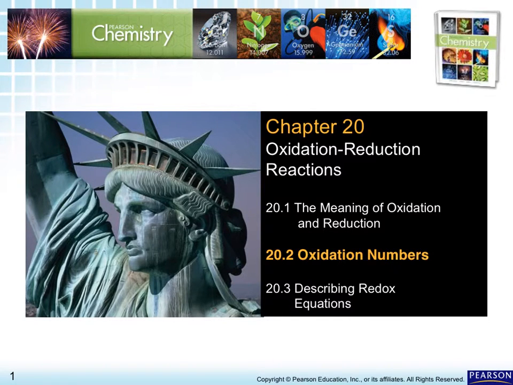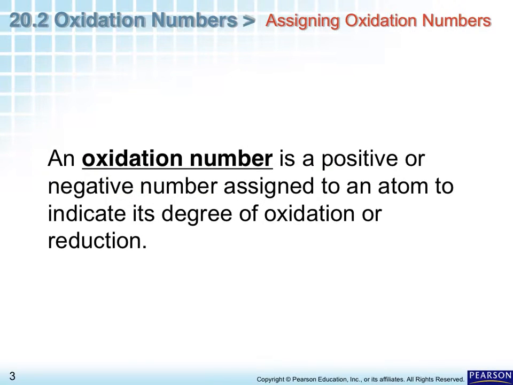So starting off today, we're going to move into section 2, oxidation numbers. So what is an oxidation number? It is a positive or negative number, assigned to an atom to help us see its degree of oxidation or reduction.